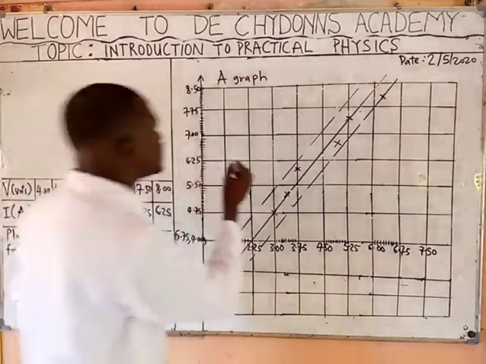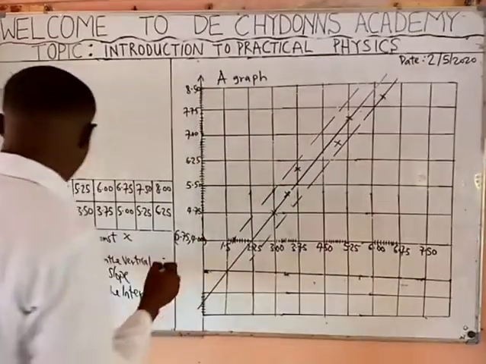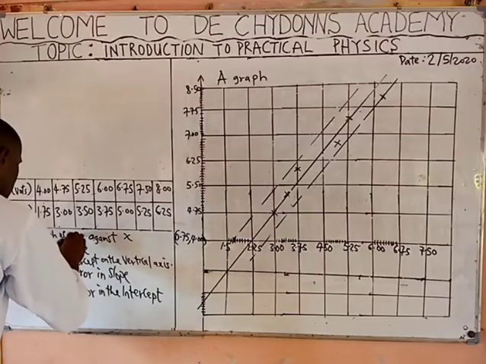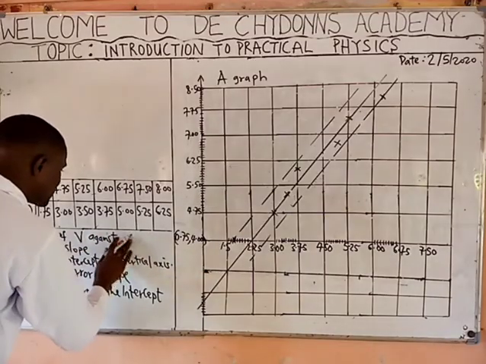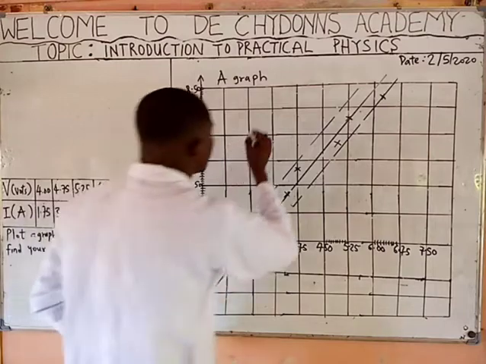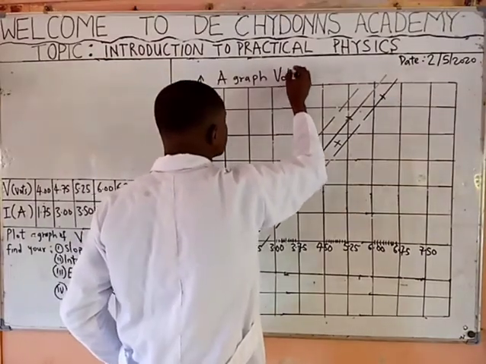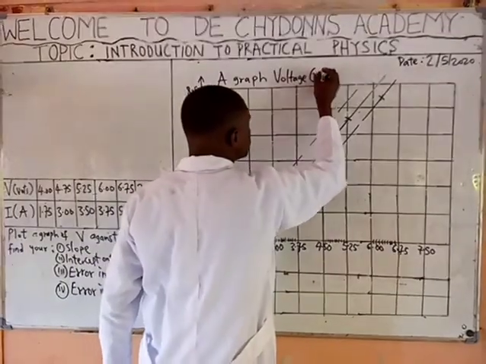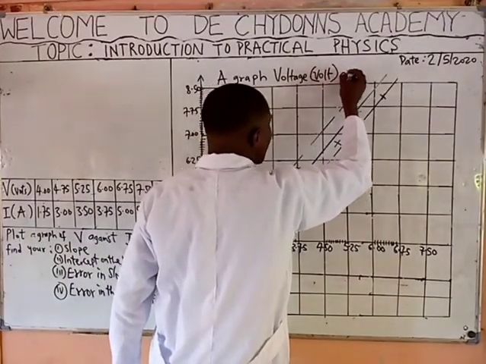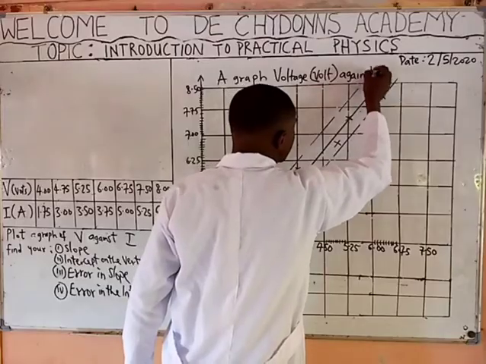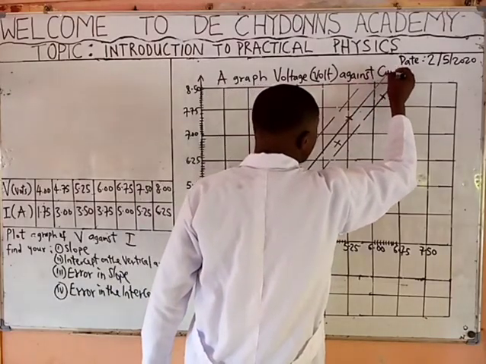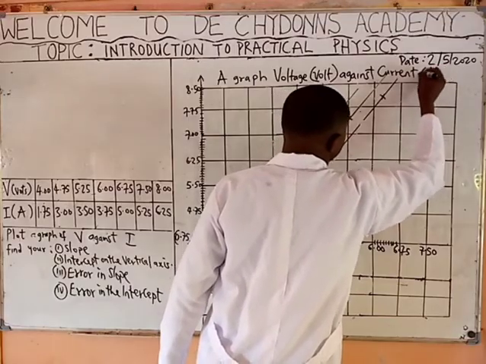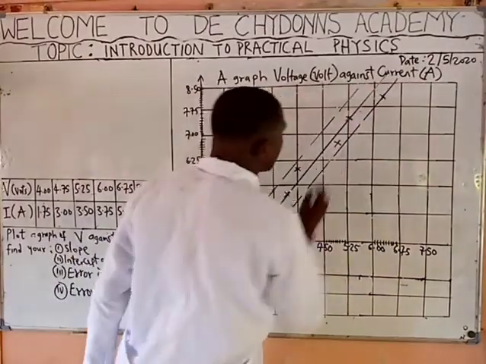So since they say plot a graph of voltage against current, when you say a graph of voltage, you must attach the unit, volts, against current, ampere. So you must put the unit along with it.